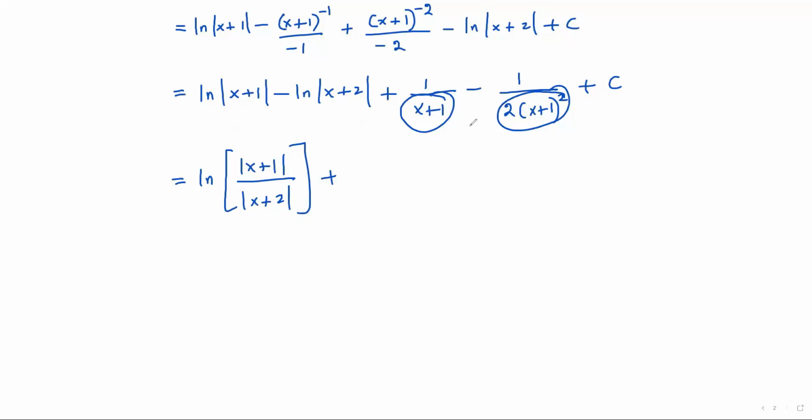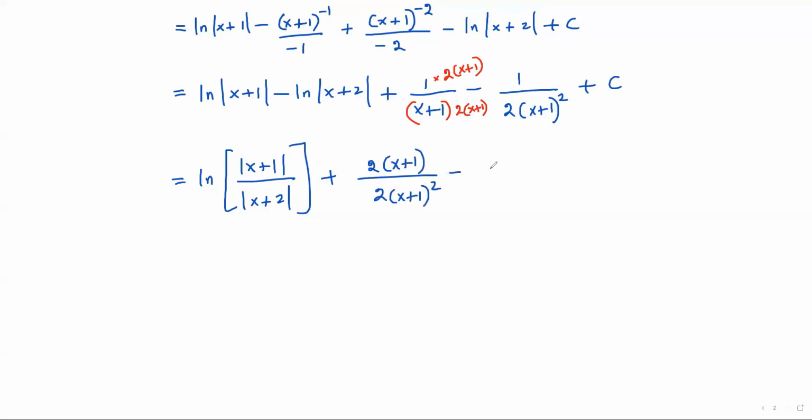I can get the same denominator, 2 times (x + 1) squared, by multiplying this denominator by 2 times (x + 1). That is, I multiply both numerator and denominator by 2 times (x + 1). So when I do so, I'll be getting 2 times (x + 1) over 2 times (x + 1) squared, minus 1 over 2 times (x + 1) squared, plus c.